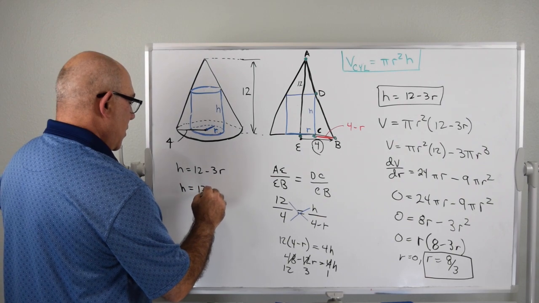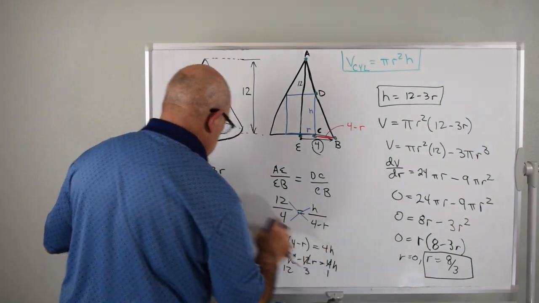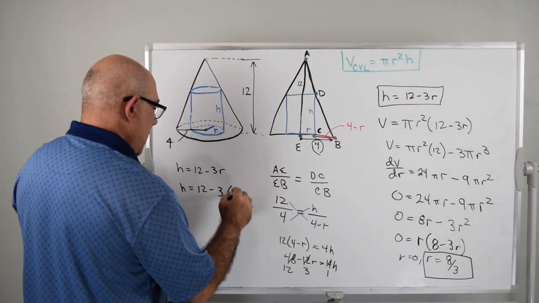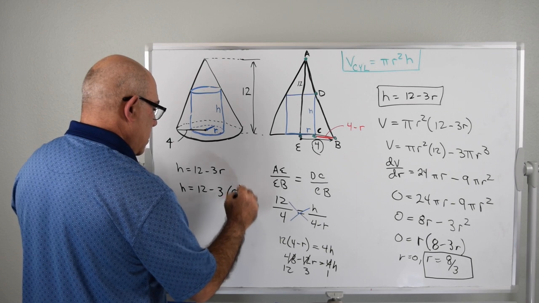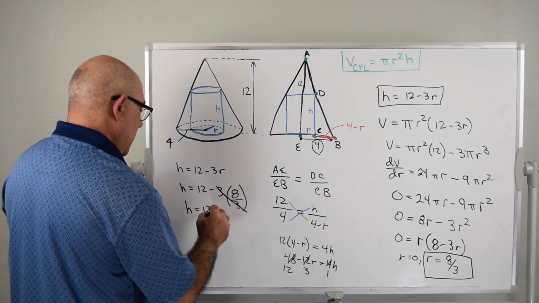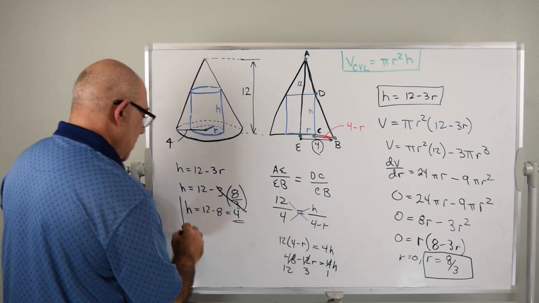H equals 12 minus 3 times 8 over 3. These 3's cancel. So h equals 12 minus 8 equals 4. And that's our answer.